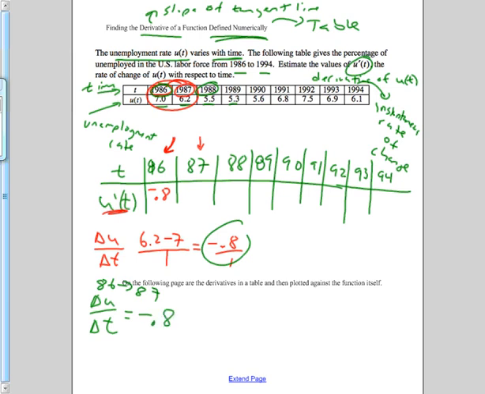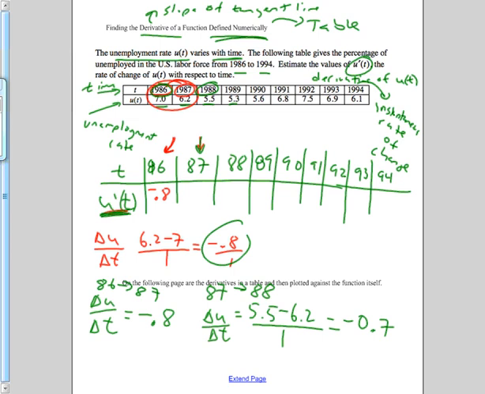But from 87 to 88, the change in u with respect to time, well, I was at 5.5 in 88, subtract 6.2 in 87. That's the change in unemployment in that 1 year, and that equals negative 0.7.